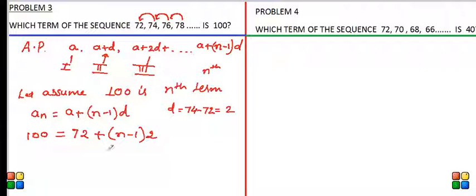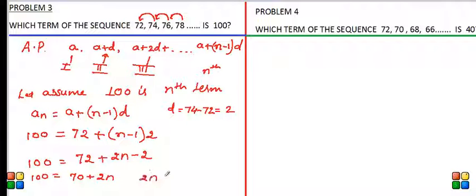So 100 is equal to 72 plus 2n minus 2, or 100 is equal to 70 plus 2n, or 2n is equal to 100 minus 70, which is 30. So n is equal to 15. So 100 is the 15th term of this series.